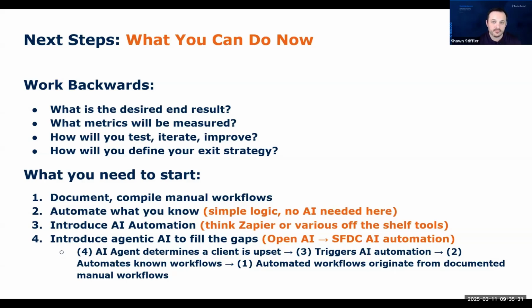Well, in the context, this client may be talking about wishing to cancel something else to adopt a different product of yours. So that wouldn't be negative. In fact, that would be positive. And so you will open up a level of reasoning for the AI agent to determine if this is negative or positive and what to do with it. And so you'll have the AI that determines if the client's upset in this specific example based upon context.